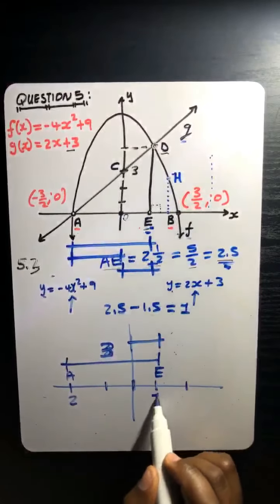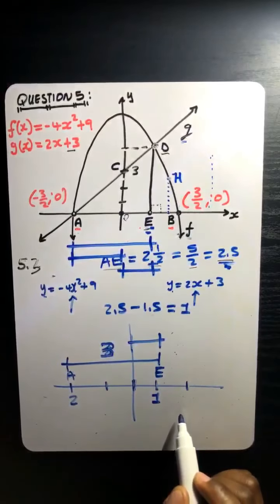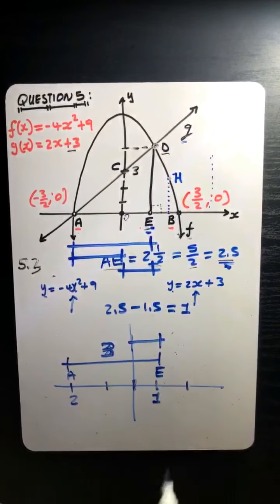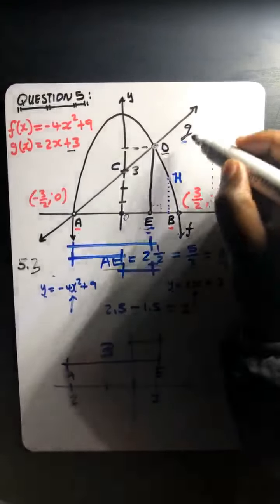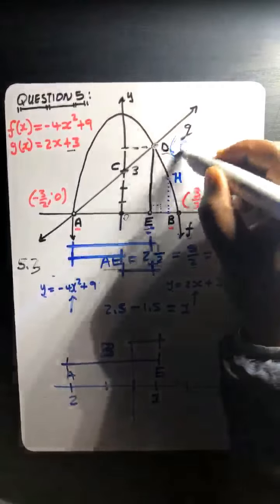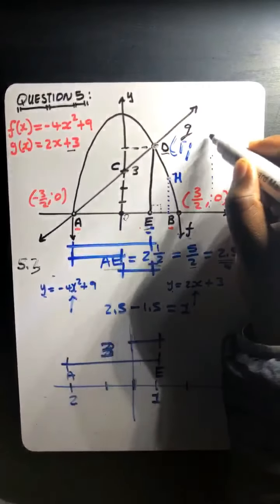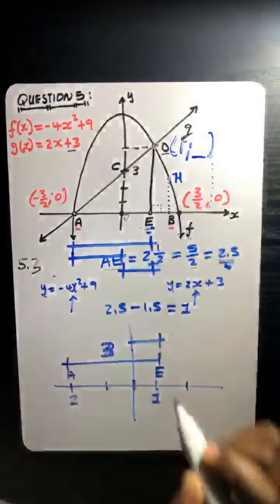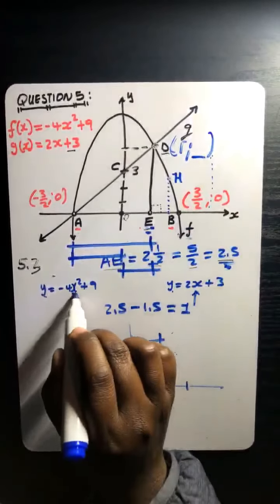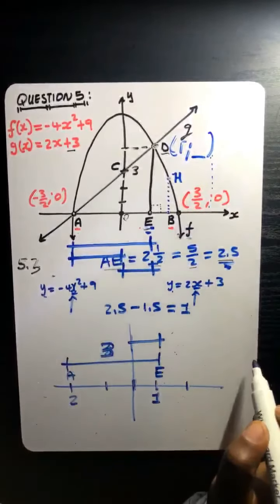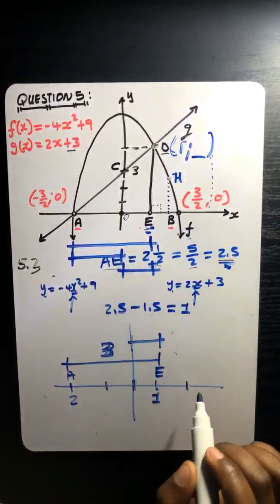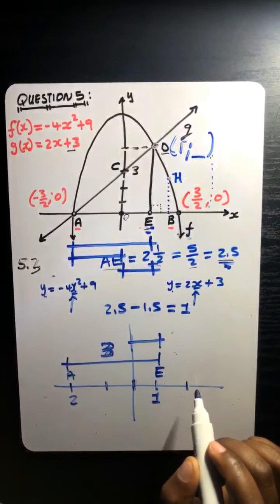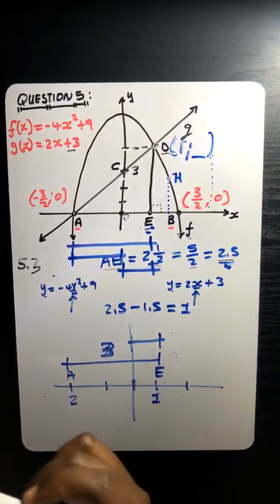That is the x coordinate of E. At that point we have x, and we don't know y, which we will calculate using any of these formulas, and we expect to get the same y value. If we don't, then something is wrong.